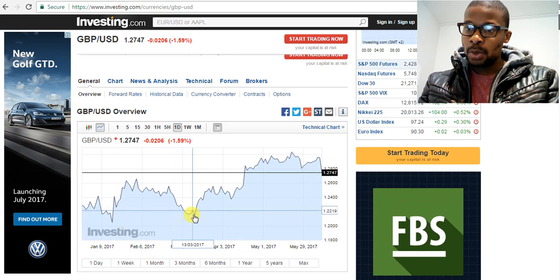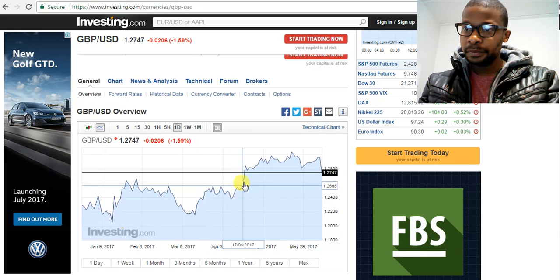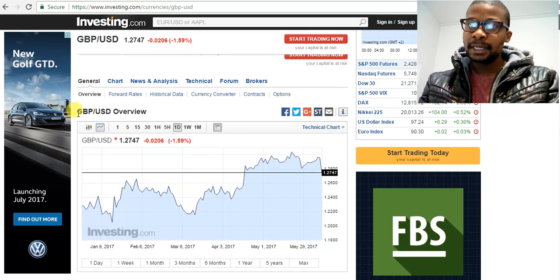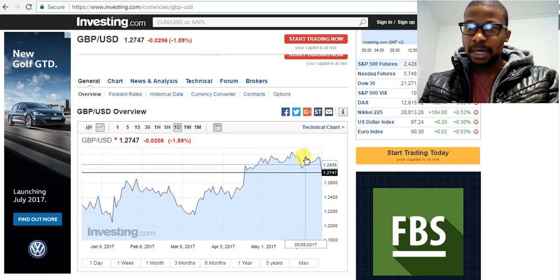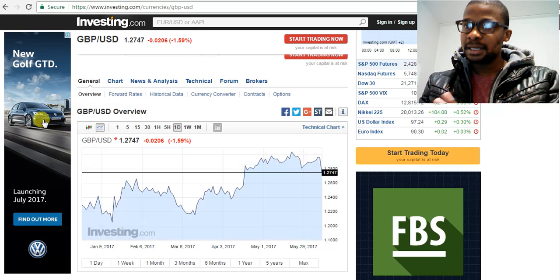So if you see this graph going up like this, it's actually the British pound that is appreciating. It's the British pound that is gaining strength. A lot of people don't understand it. It's a simple thing, but the first one, this side. We can also do it the other way around, right?